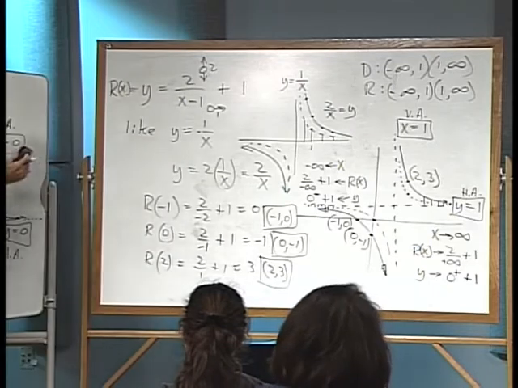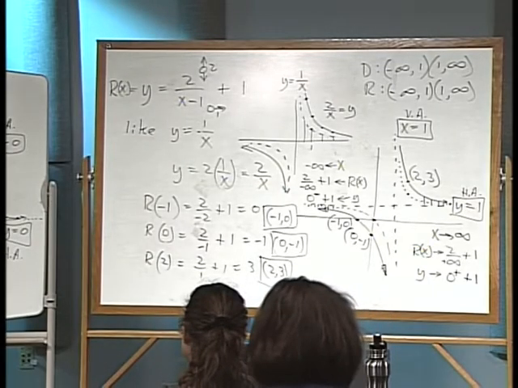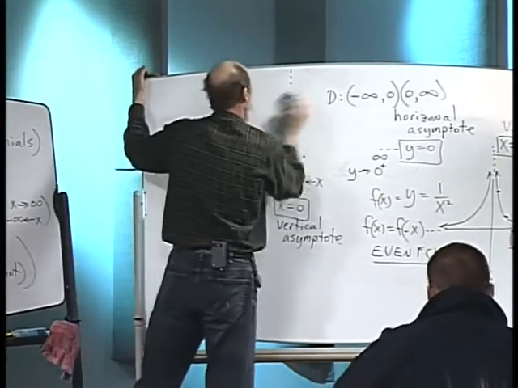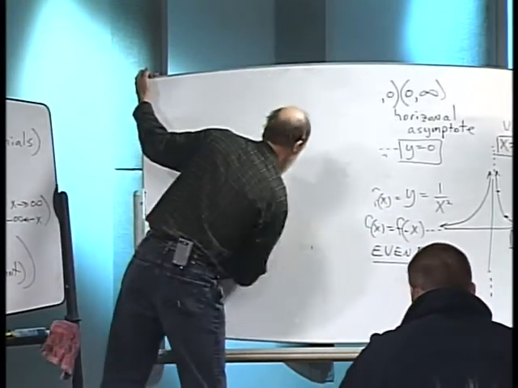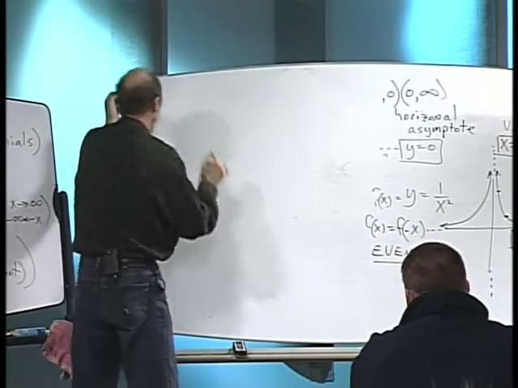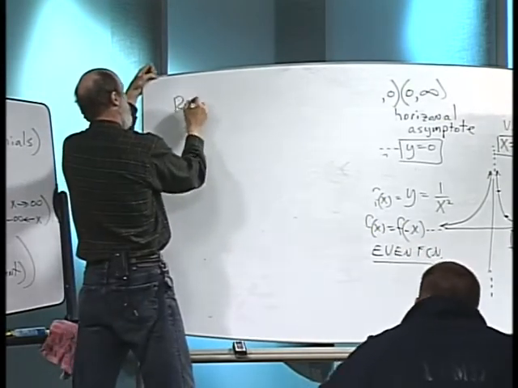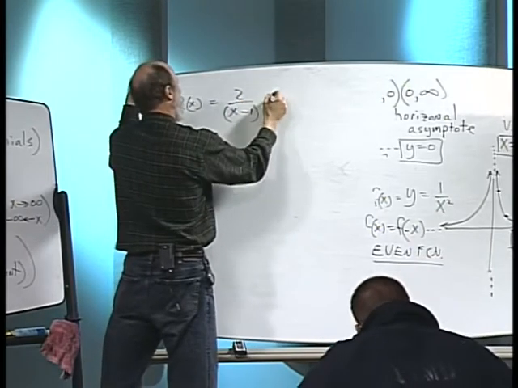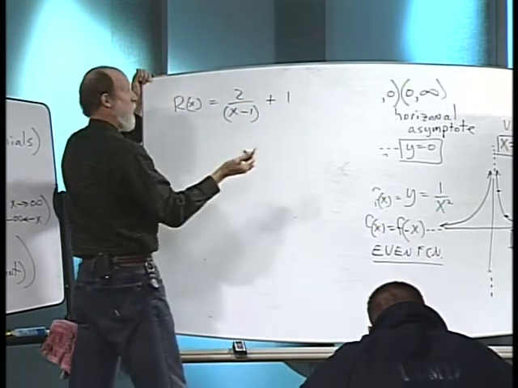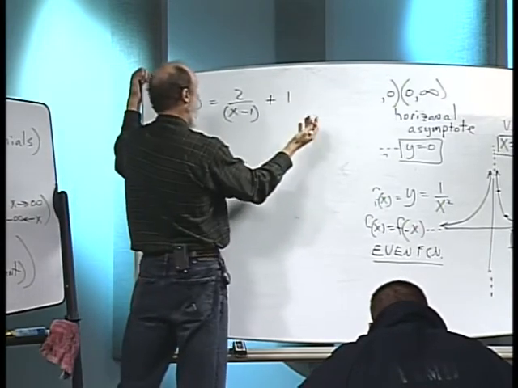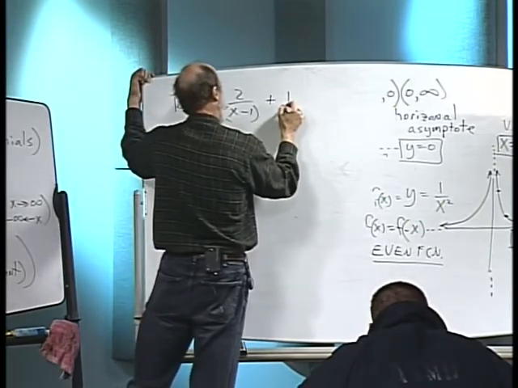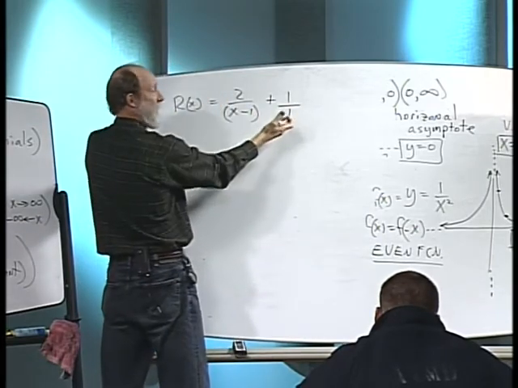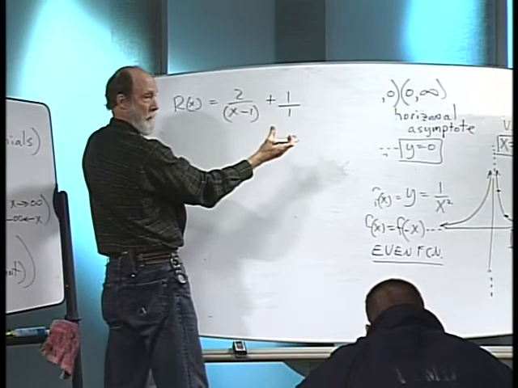So let's come over to this board and do that. We have our r of x is 2 over x minus 1 plus 1. Now I want to turn this into a single fraction. So I know that this is 1 over 1. My common denominator necessary here needs an x minus 1.